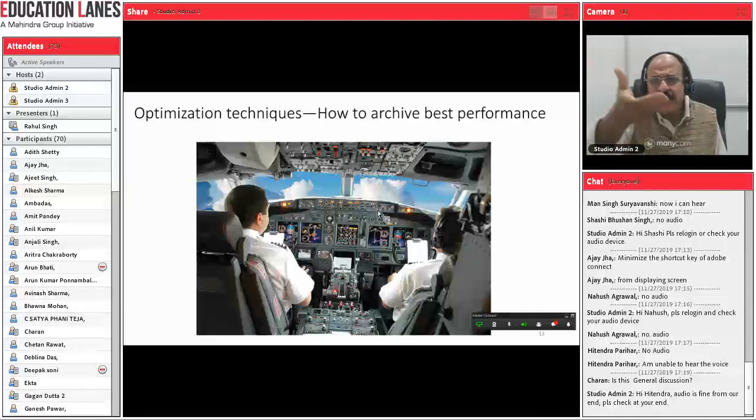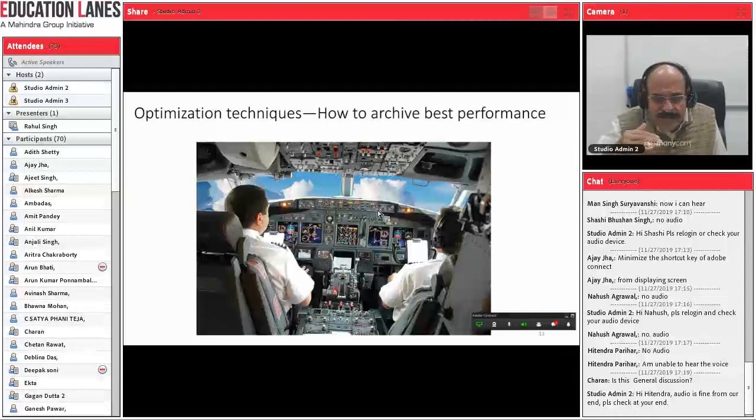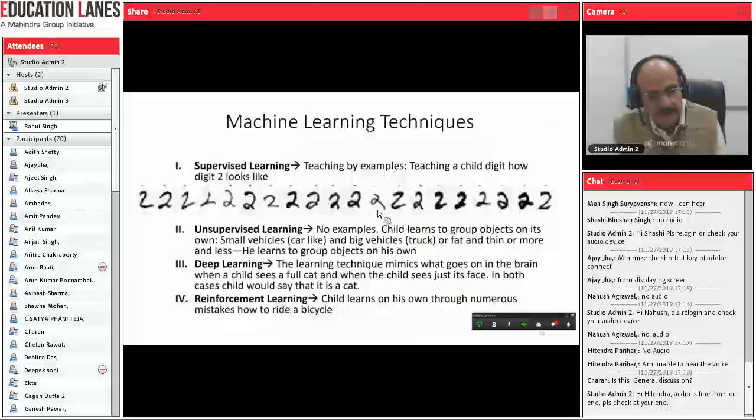An algorithm is there, you start feeding data into it, and a prediction is made. But the challenge is in fine tuning your predictions. I am not satisfied with a 70% accuracy rate. I want 80%. And the higher the accuracy you reach, the more fine tuning is needed. After 80, 82 is difficult. So optimization techniques are a part of machine learning.